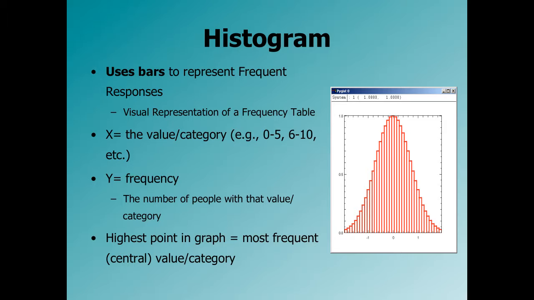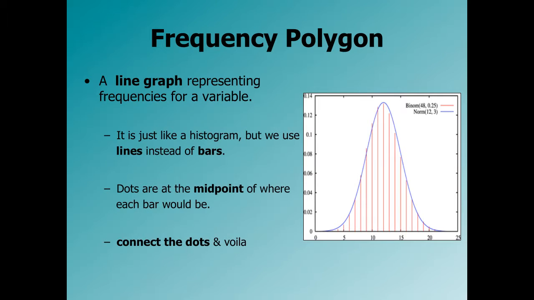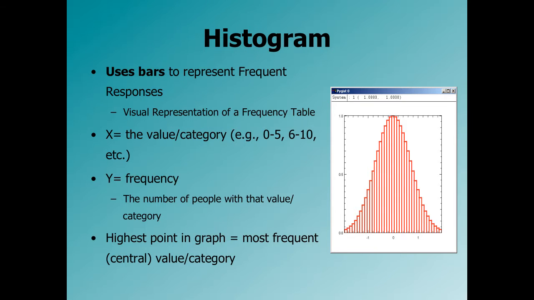And since we have continuous data, that means that histograms are used with what type of variables? They have to be measured at either interval or ratio level of measurement. So you would never use a histogram with a nominal type of variable. Frequency polygon. These are very much related to your histograms.